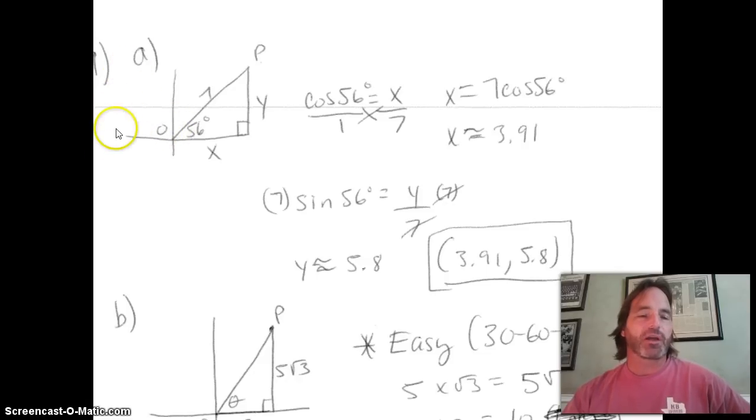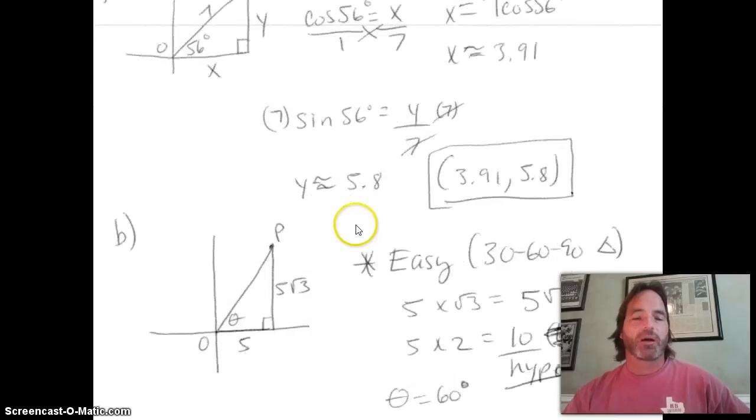If you're given a 140-degree angle, 180 minus 140 would be 40, and this triangle will have a 40-degree angle. Solve for x and y, and you'll be given the hypotenuse. If you're in quadrant 3 and your angle comes all the way down here, your angle minus 180 will give you the angle for your triangle to do your SOHCAHTOA. All right, review 9A and B.